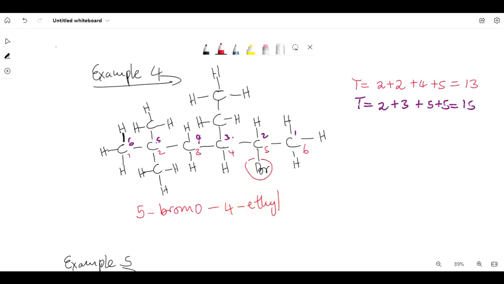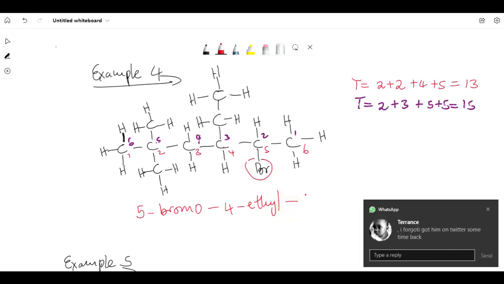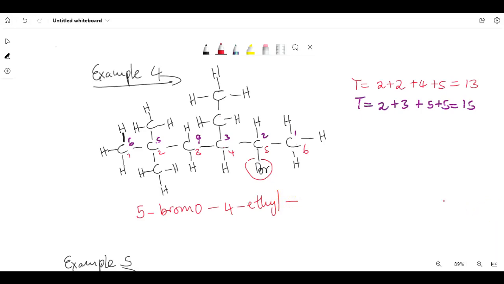Okay, 4 ethyl because ethyl, E, comes before M. And then we have 2,2 dimethyl hexane.